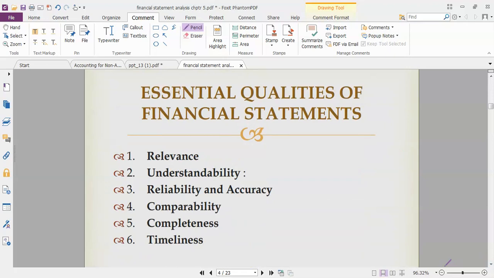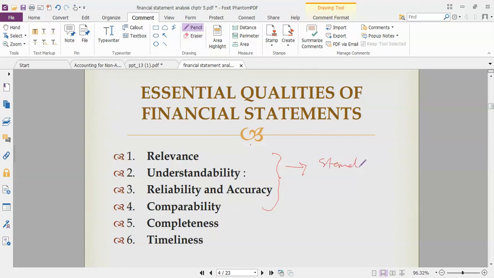So what are the essential qualities of financial statement? Our financial statement should have relevance, understandability, reliability and accuracy, comparability, and also completeness and timeliness. These are the qualities. Also, this is the standard actually.